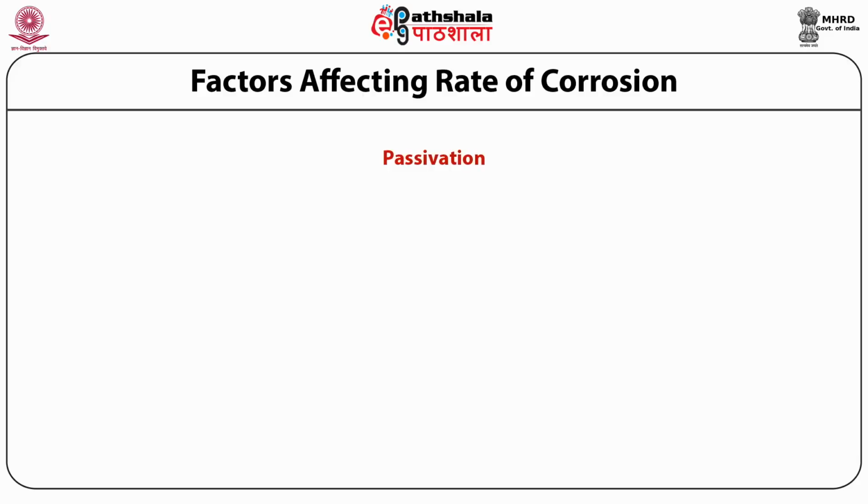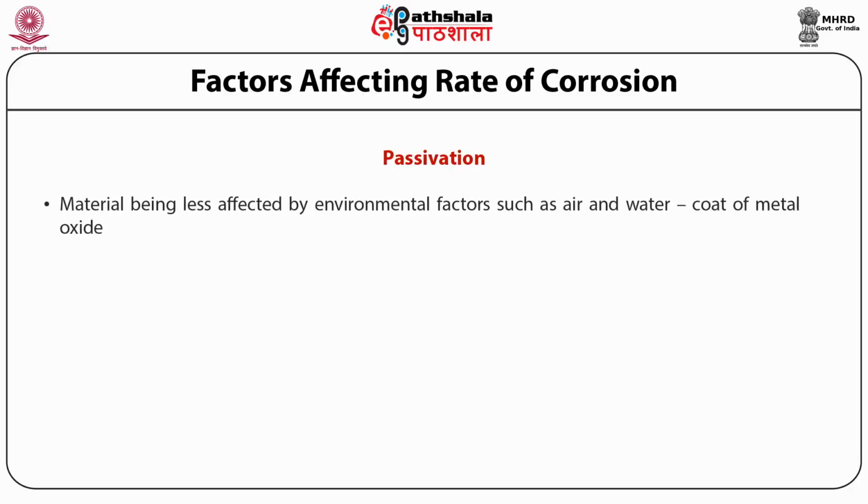Passivation refers to a material becoming passive, that is, being less affected by environmental factors like air and water. Passivation involves a shielding outer layer of corrosion which can be applied as a micro coating or which occurs spontaneously in nature.